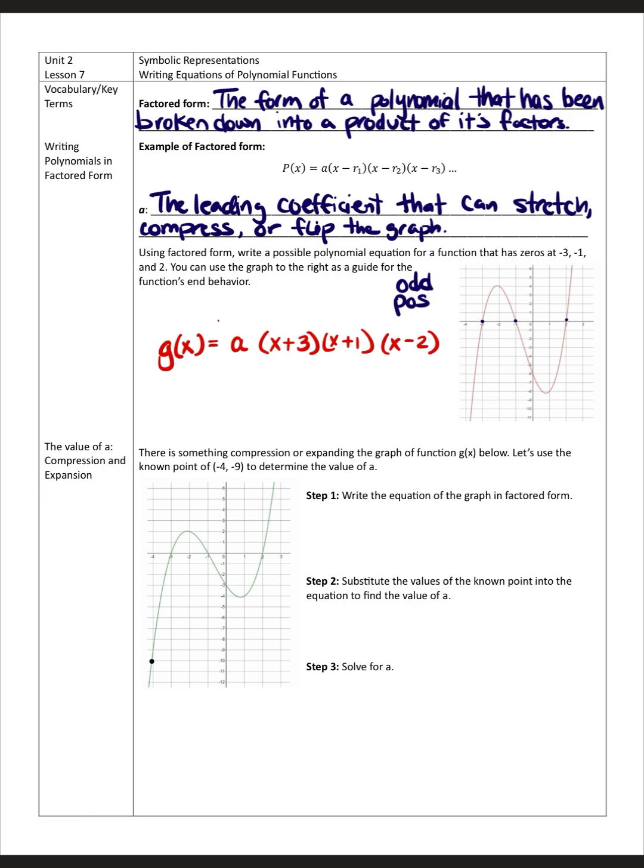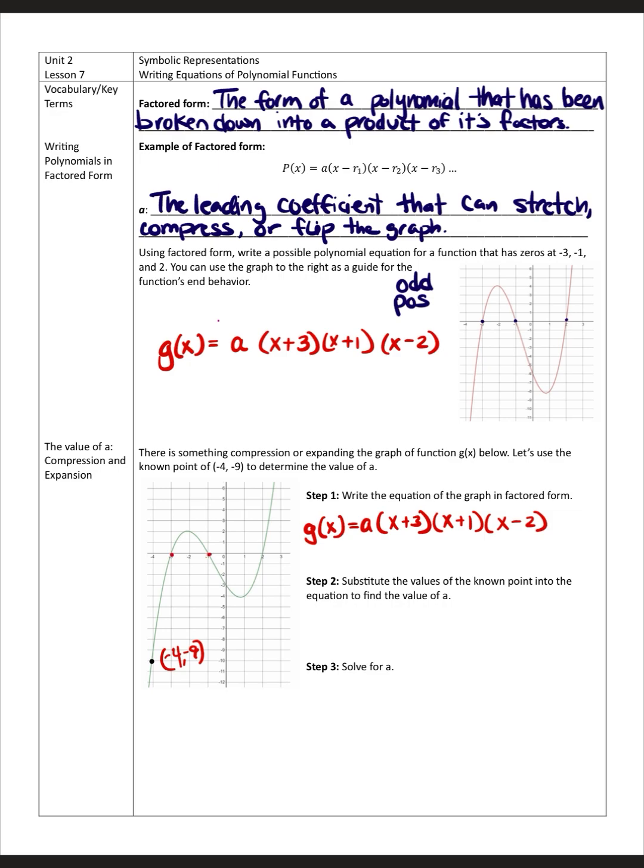Well, we did that already. Okay, so this is the point that we're using, -4, -9. And I'm going to go ahead and rewrite it again. So I have g of x is equal to a times x plus 3, x plus 1, and x minus 2.